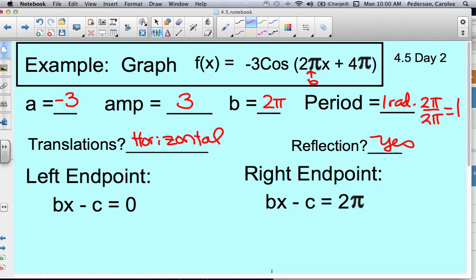All right. So the last piece is to go and find out where do we start our revolution, where do we stop our revolution. So we're going to use this parentheses right here.